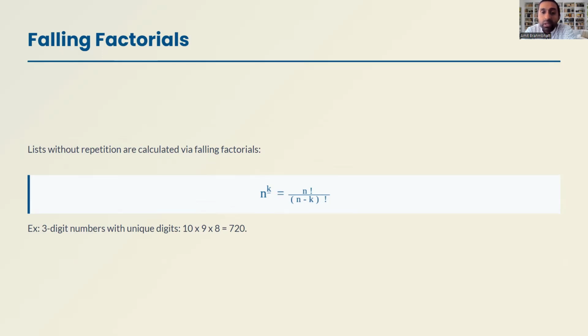For example, if you want to create a 3-digit area code using unique digits, you have 10 choices for the first digit, 9 for the second, and 8 for the third, giving 10 times 9 times 8, which is 720. Falling factorials are a mathematical bridge between unrestricted lists, n to the k, and strict bijections, n factorial.